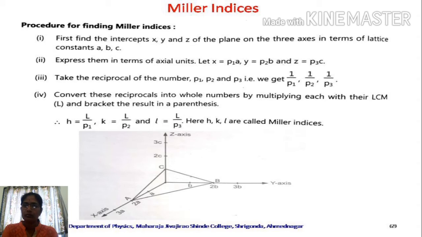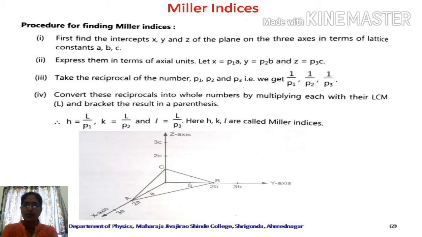In order to convert them into whole numbers, you have to find the LCM of p1, p2 and p3 and multiply the reciprocals by this LCM. It will give you three numbers and these are nothing but h, k, l.